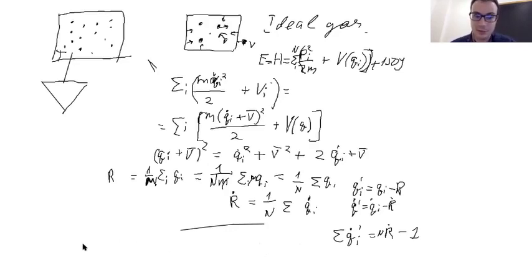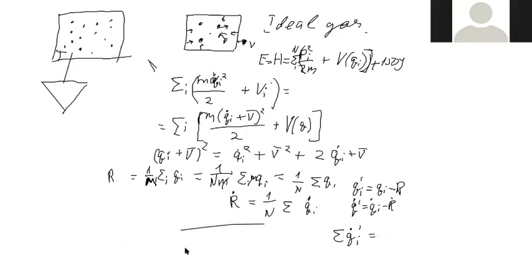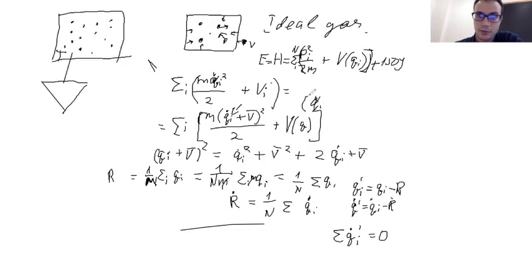So the sum of all velocities with respect to the center of mass is 0. The new center of mass is at 0. We shifted the origin to the center of mass. Instead put 1, this n R dot must be 0. So if we substitute here the new velocity, q i dot prime, sorry.